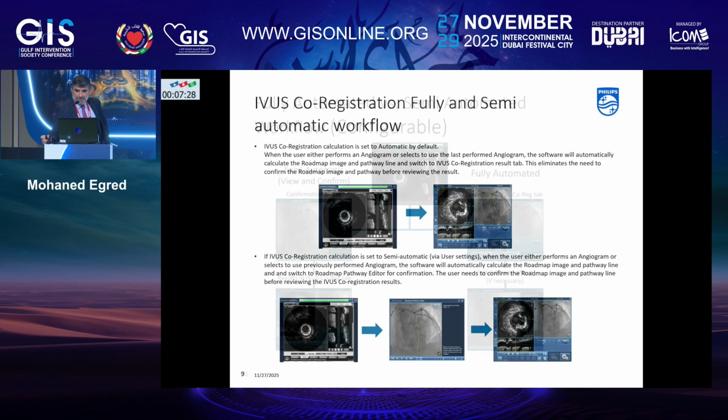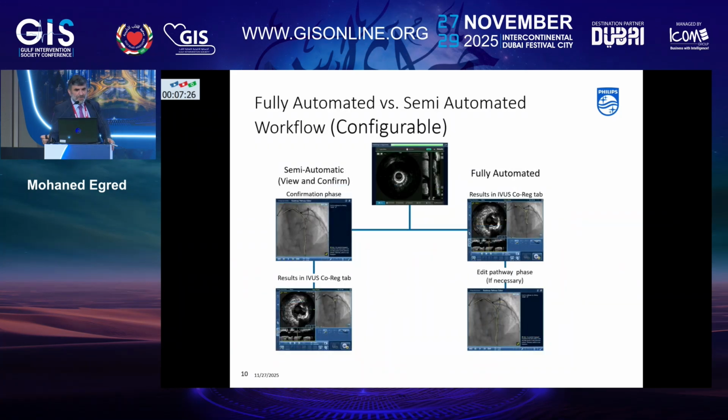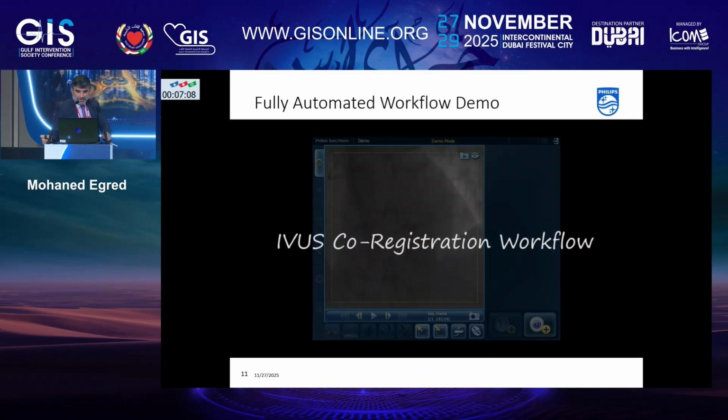I think I need to show you the video. Again, fully automated or semi-automated, this is easily doable. You could let the machine do everything for you, or you could have some control in a semi-automated way. And that can be easily taught and practiced by anyone who has this system to be able to use it.